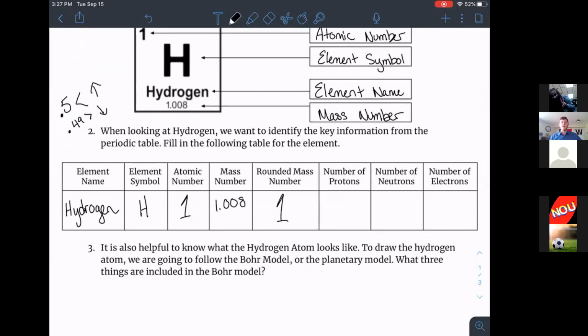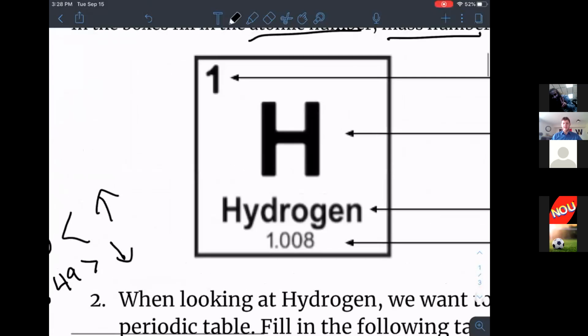And then the number of protons. Yesterday, did it tell you where to find the number of protons? I don't remember it saying exactly where, but this one's actually going to be pretty easy to figure out, because every element tells you how many protons it has if you can find this square right here.